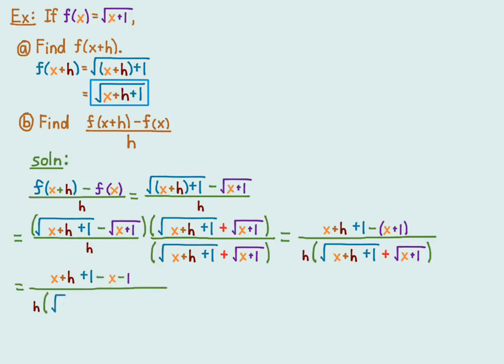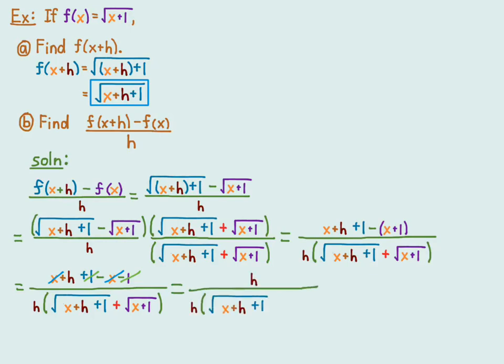So now notice a lot of stuff cancels. You've got x minus x is 0, and 1 minus 1 is 0. Now let me rewrite this because it's getting cluttered. So I'm just rewriting. What's left on top is just the h. Notice h over h cancels and leaves you with a 1.